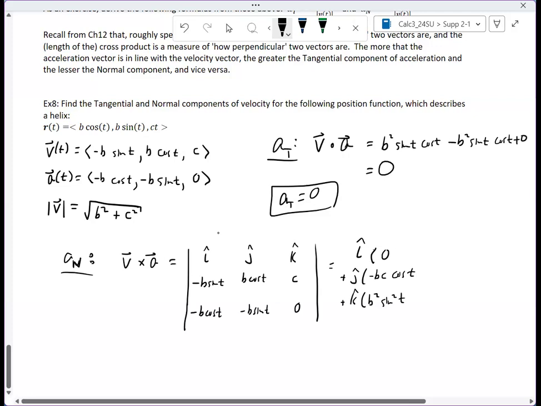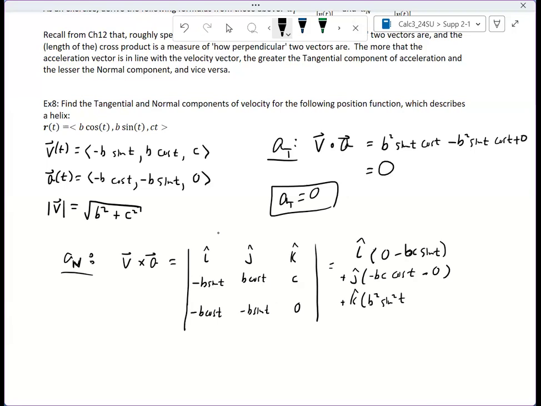And now going down my off diagonals, I have minus i times c times minus b sine t. So minus bc sine t. For j, I have minus j times minus b sine t times 0. So that's minus 0. And then for k, I have minus k times b cos t times negative b cos t.